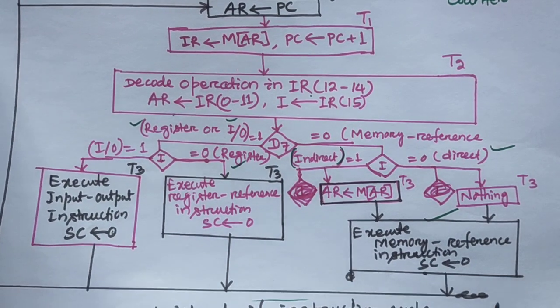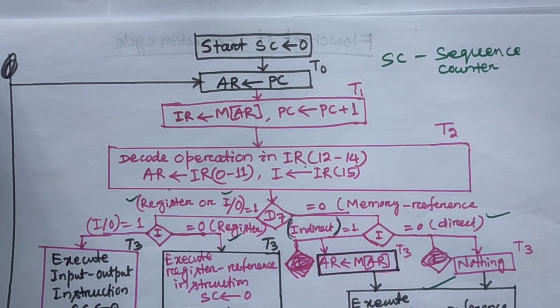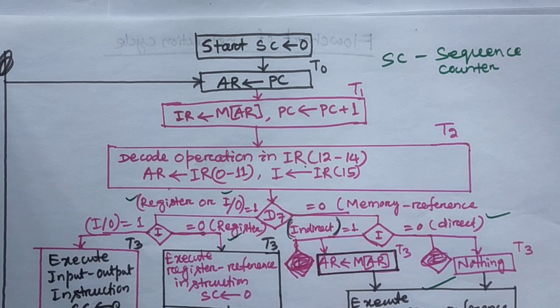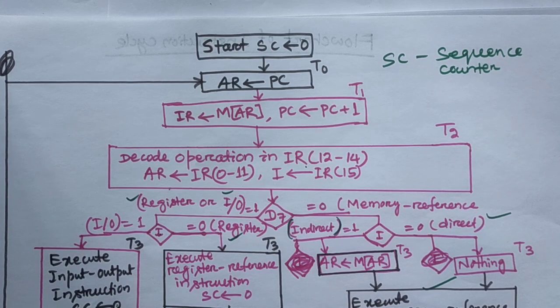So you have to find out what kind of instruction needs to be executed and how it starts from T0 to T3. At T3 we execute the different reference instruction, either memory reference, register reference, or input output instructions.